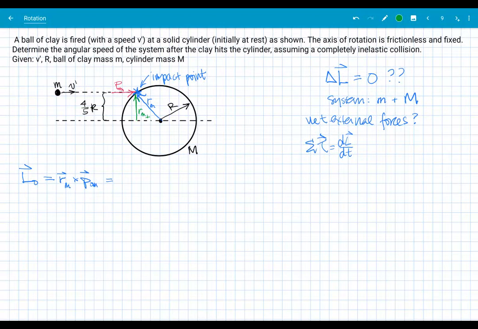So this green vector represents the component of the vector r that is normal to the vector p. And what's super cool about this is that component of r sub m, that r sub m perpendicular, is equal to 4/5 r. I have that right there in my diagram.